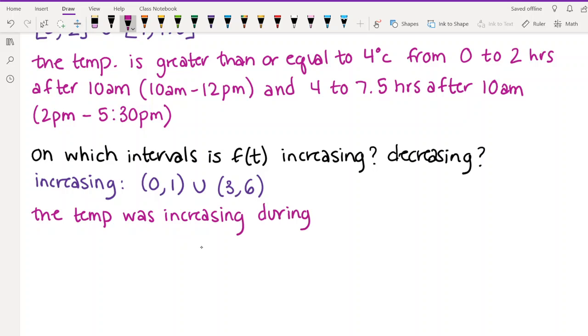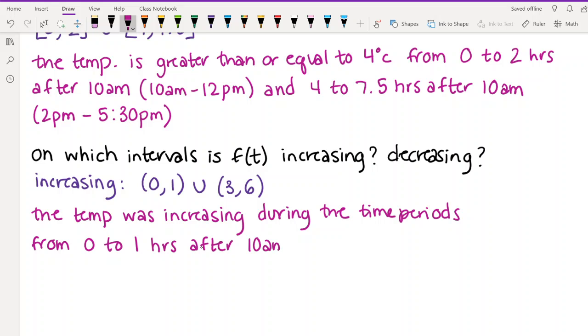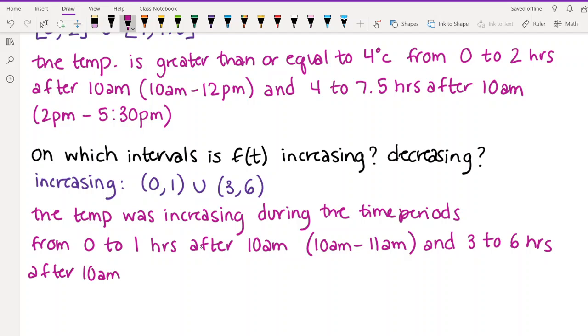It was increasing from 0 to 1 hours after 10 a.m., so basically from 10 a.m. to 11 a.m., not including 10 a.m. and 11 a.m., and from 3 to 6 hours after 10 a.m. And so that would be from 1 p.m. to 4 p.m.